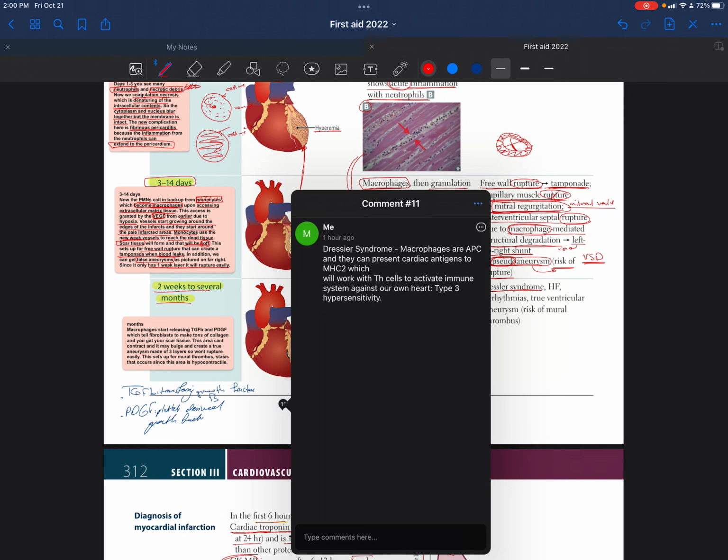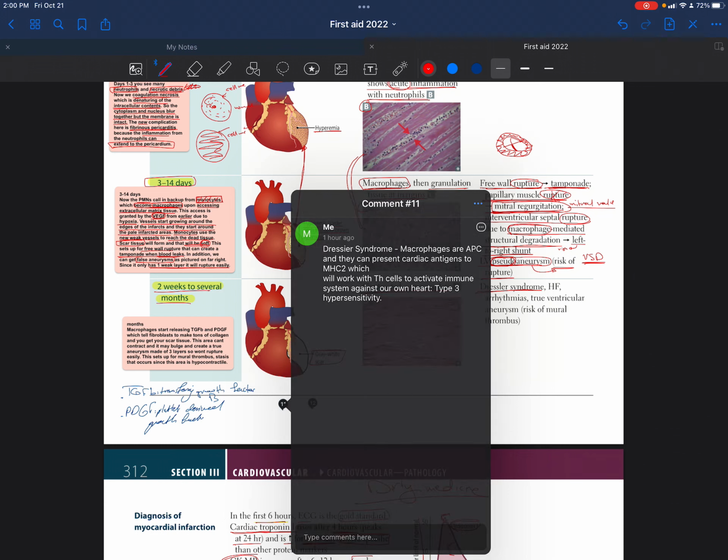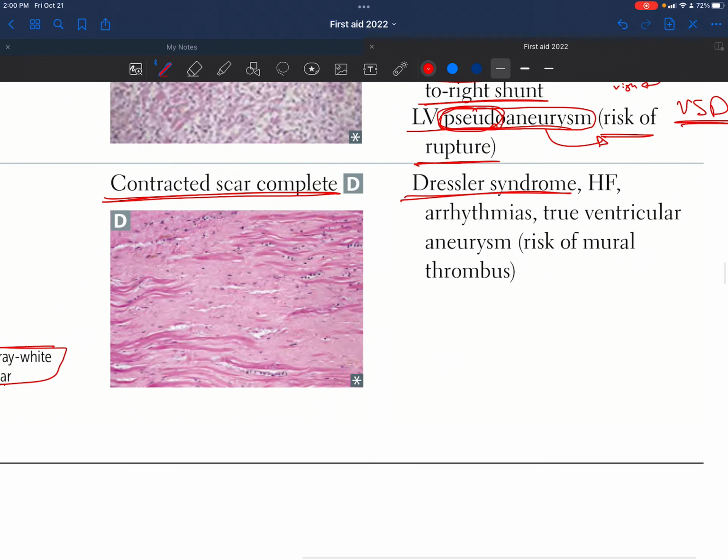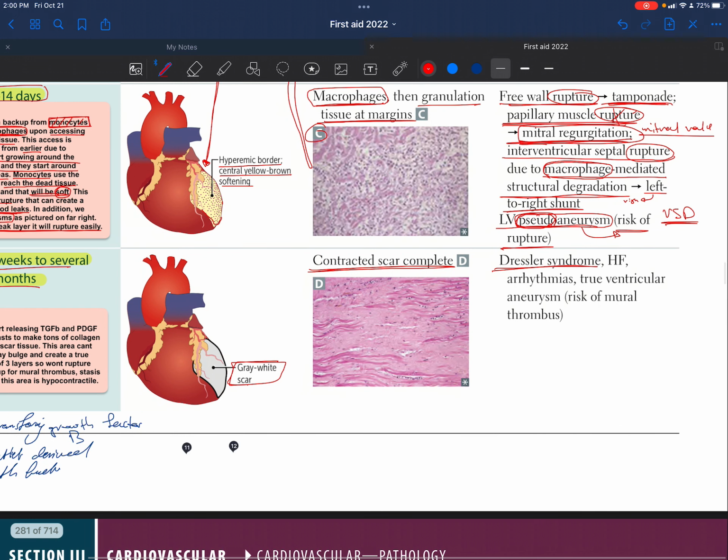But unfortunately, the whole immune system is going to be activated against the cardiac antigens, so it's going to be activated against the heart itself. That's why it's considered type 3 hypersensitivity, and that is the Dressler syndrome.